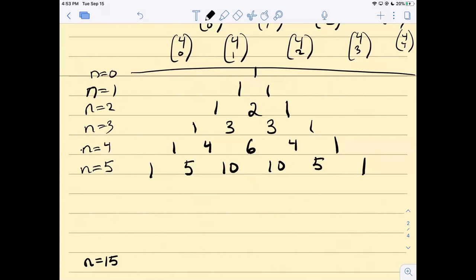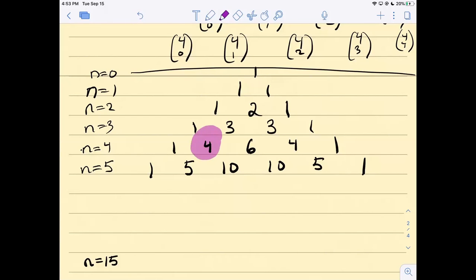Does anyone know a cool pattern in Pascal's triangle that you can just use to generate the next row? I saw that when you add the two diagonal numbers, you can get the one below it.